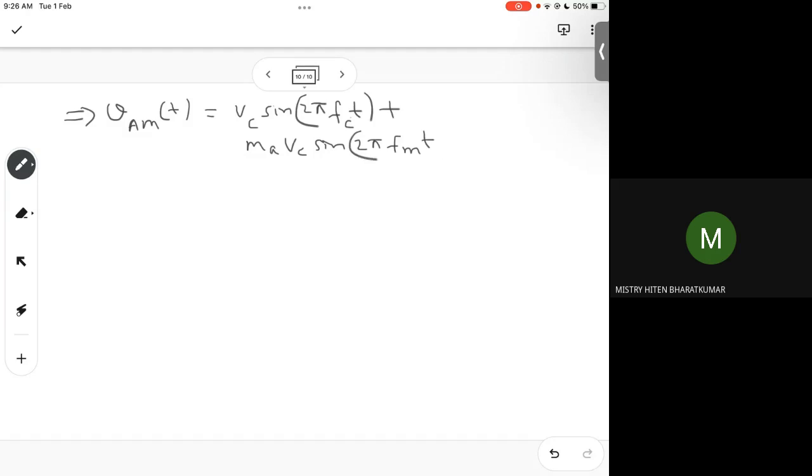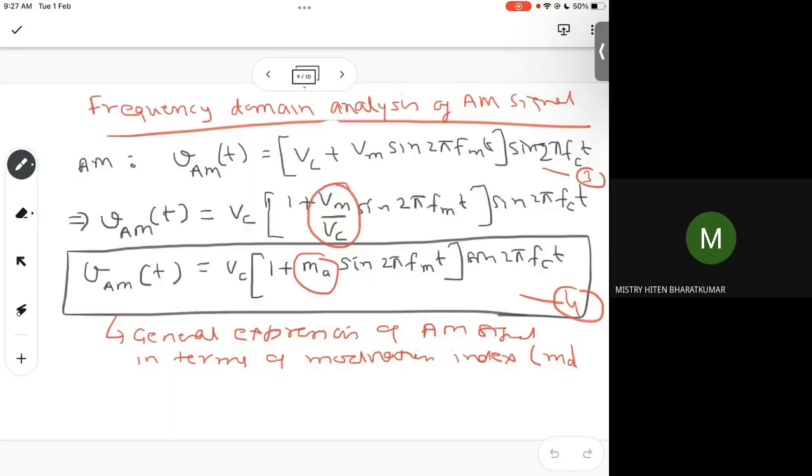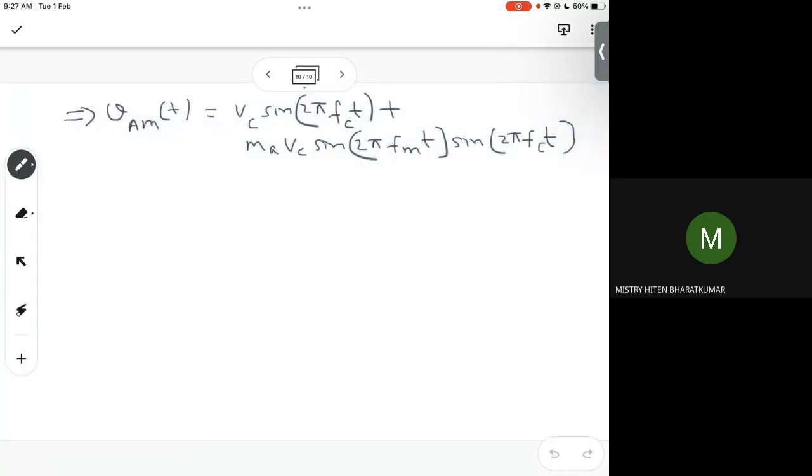Just to make it clear, the first term is Vc sin 2πfct. The second term becomes Vc ma sin 2πfmt sin 2πfct, which is a product of two sine functions.